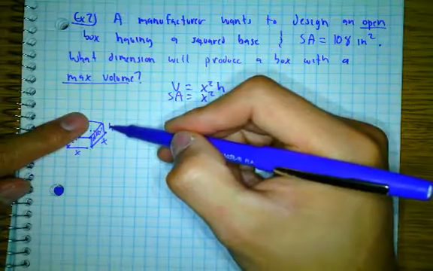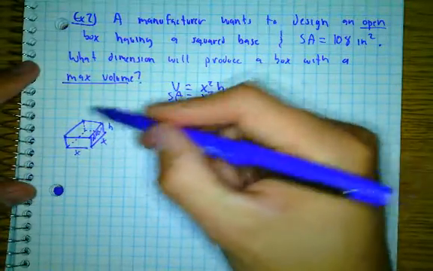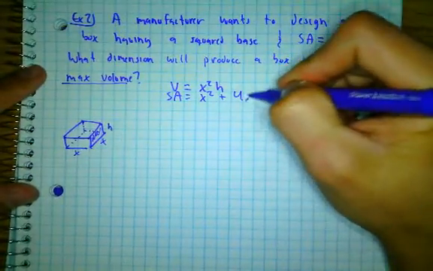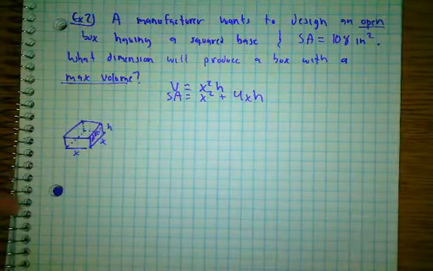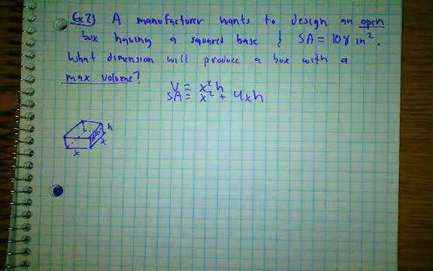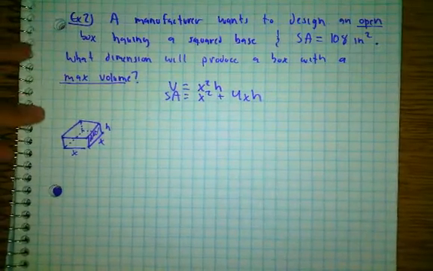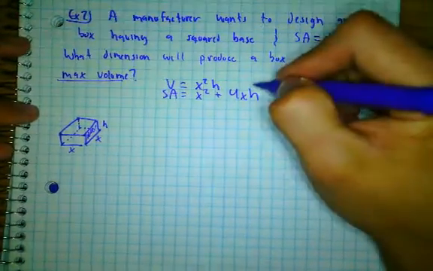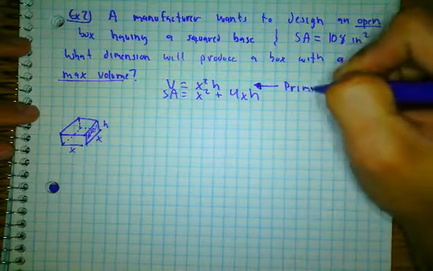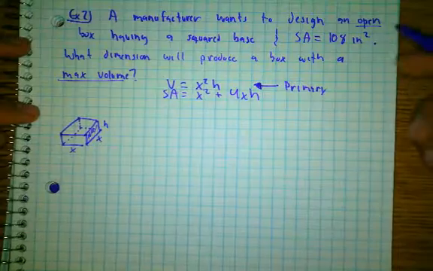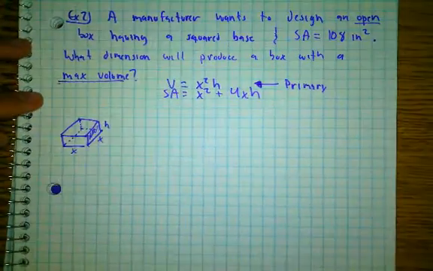I have two equations. Which one is the primary and which one is the secondary? Why is that the primary? Exactly. The primary is always what you're trying to maximize. Okay? Now, there was some information given to you on the problem.